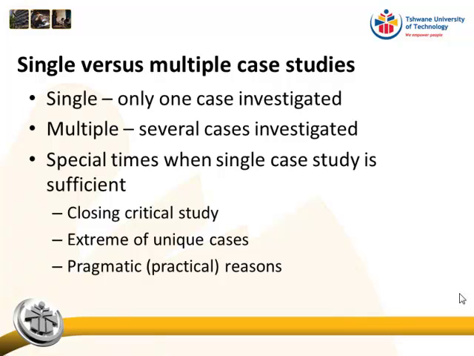So maybe for a critical study, let's rather take something like the Challenger that crashed. So there are other Challengers, but that one crashed. So that's critical to look at why did that one crash. Does everybody know what I'm talking about?